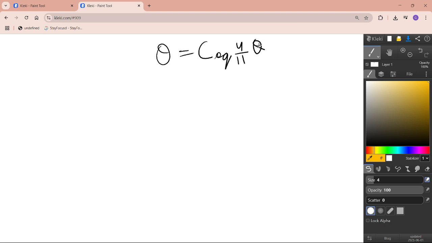This Q and this Q get cut, and so C equivalent becomes 11 by 4.